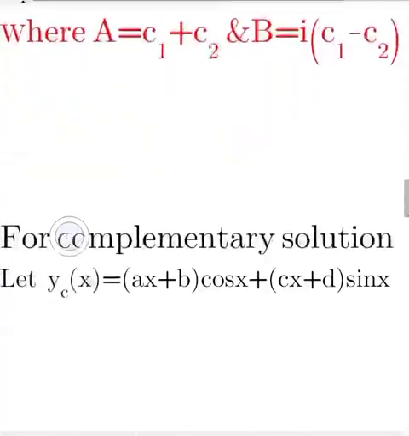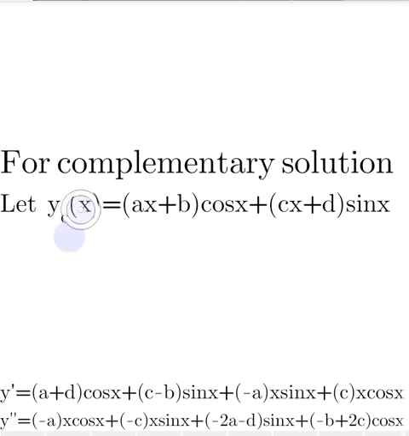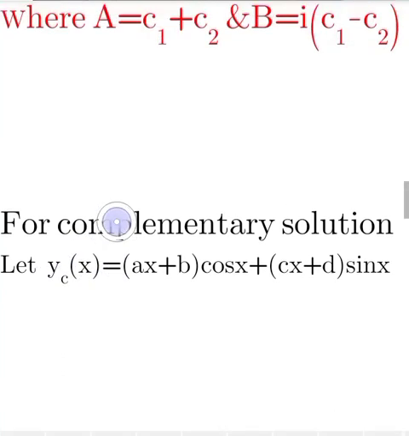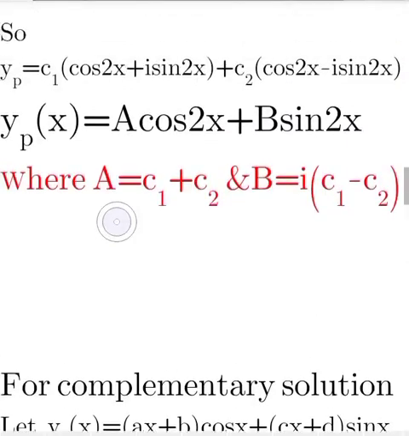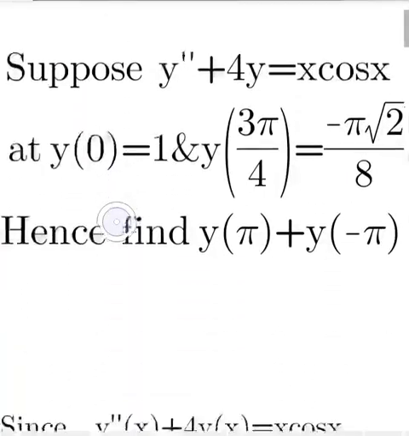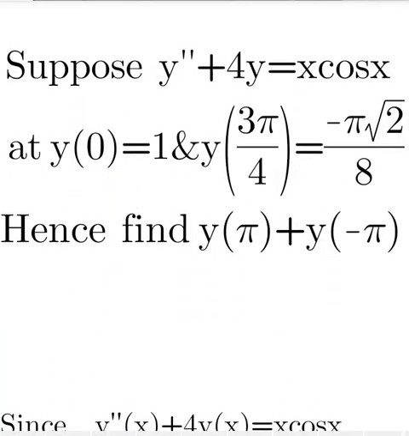So we are remaining with finding the particular solution. Remember our right side, let me go back to the question. Our question is here. When you look at the right side, it is x cos of x. Because of x, we are going to introduce a linear function, ax plus another constant.